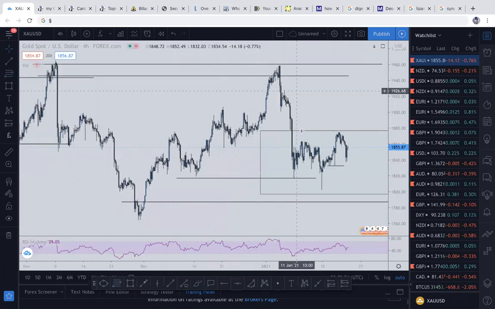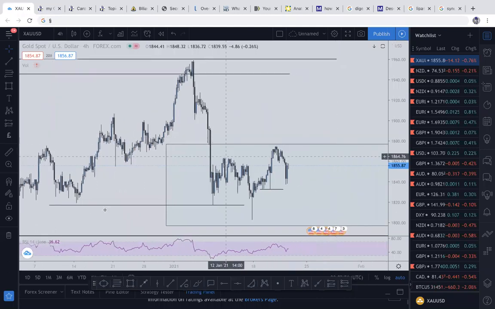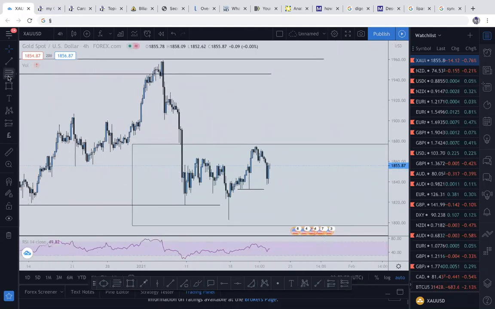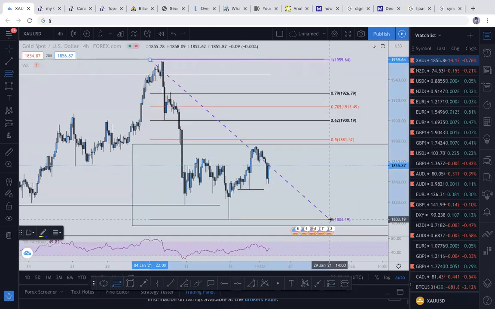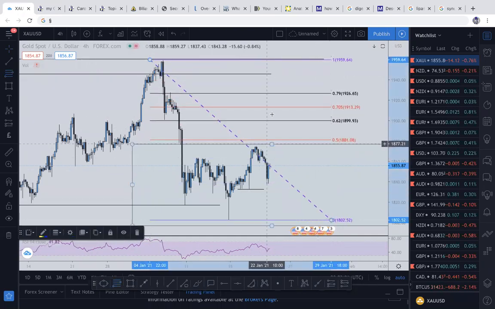We broke this structure right here. And once we broke the structure, the problem is we haven't done 50% on the upside. So we could be retracing up. And what is sitting up here? Drop base drop. Everybody that knows supply and demand knows that this area is a supply.